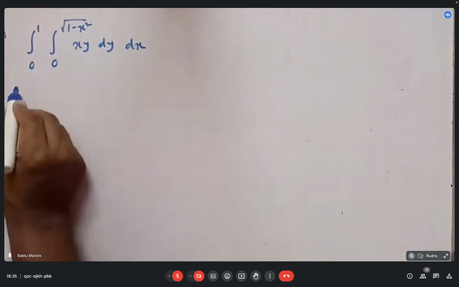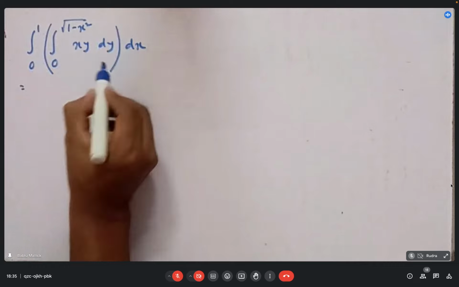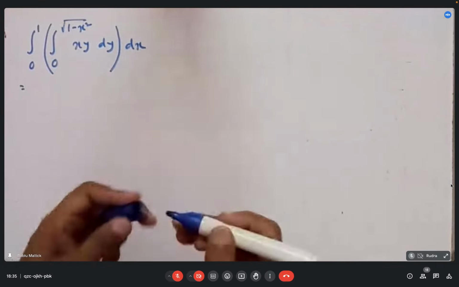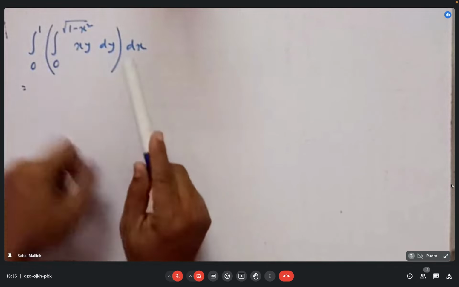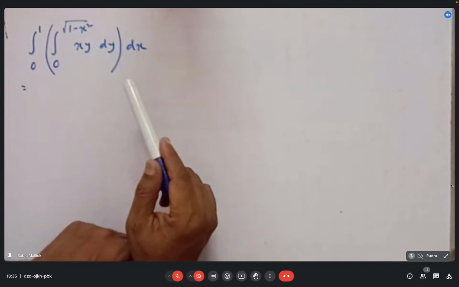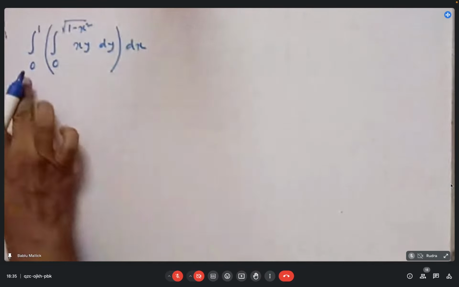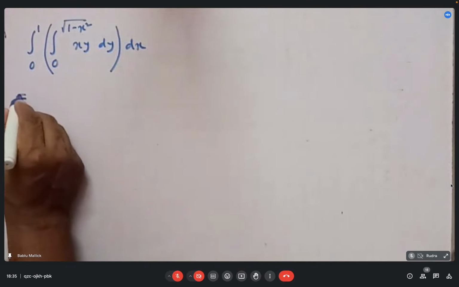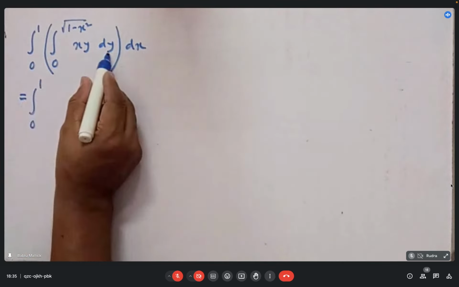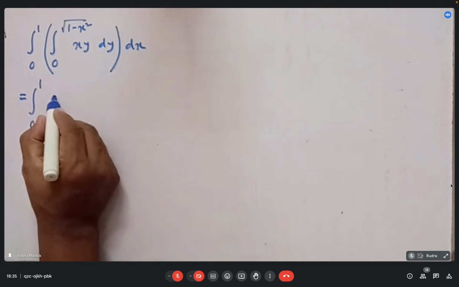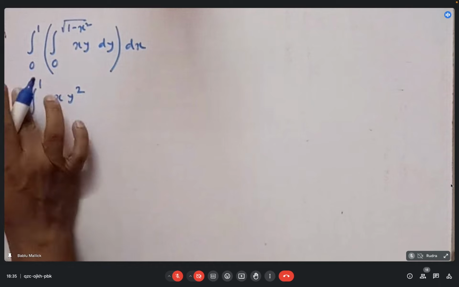This integration means we shall first integrate this part with respect to y, and then we shall integrate with respect to x. So this is equal to integration from 0 to 1. If I integrate with respect to y, then it is xy square by 2.